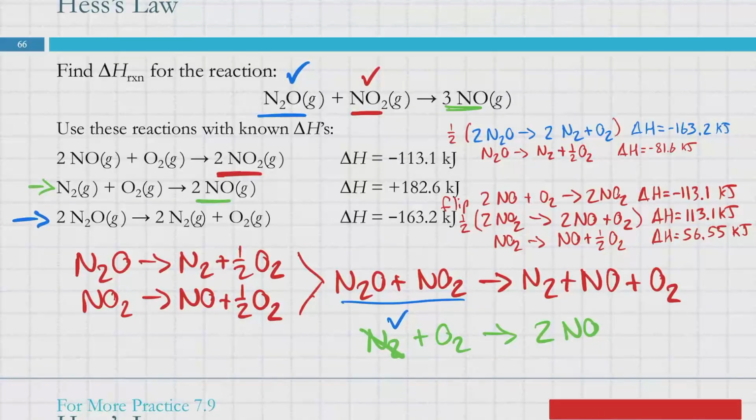So that's going to be the N2 and the O2. And then we would add up the NOs on the right side, so we would end up with 3 NOs. And since we didn't change this one at all, our delta H would remain as written.